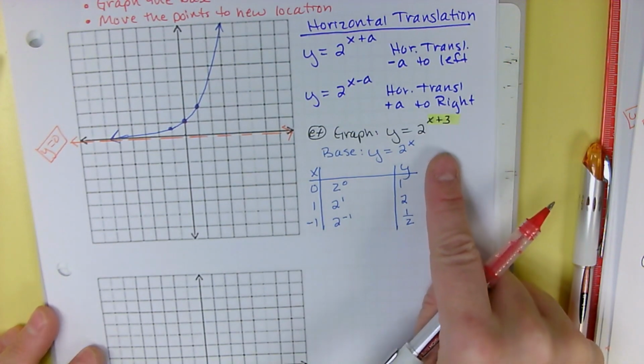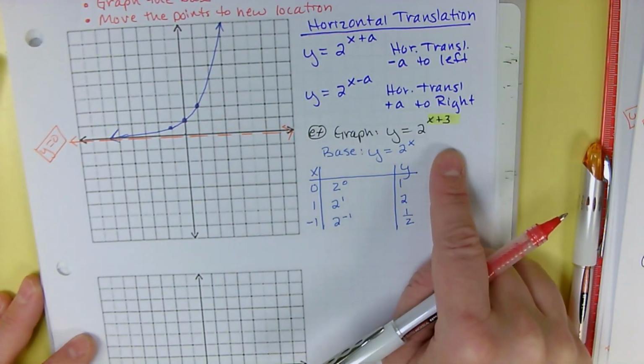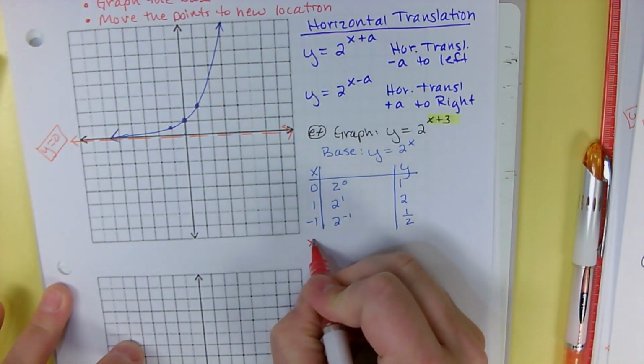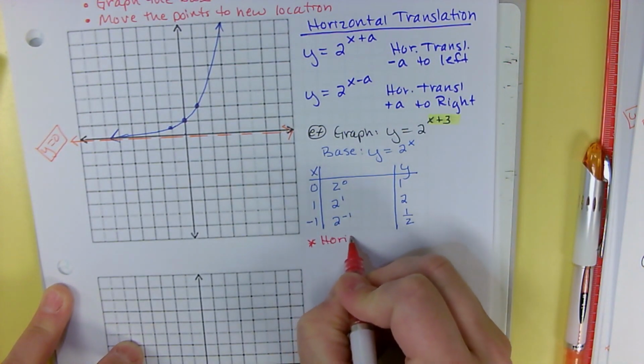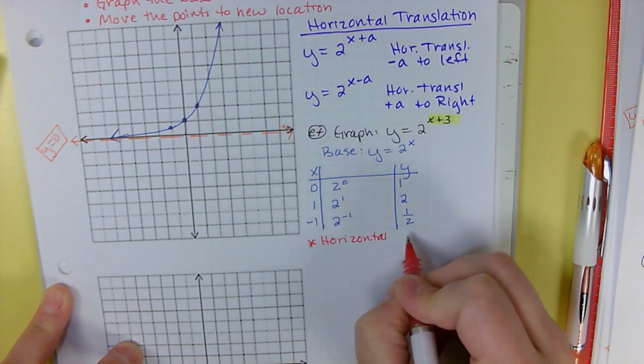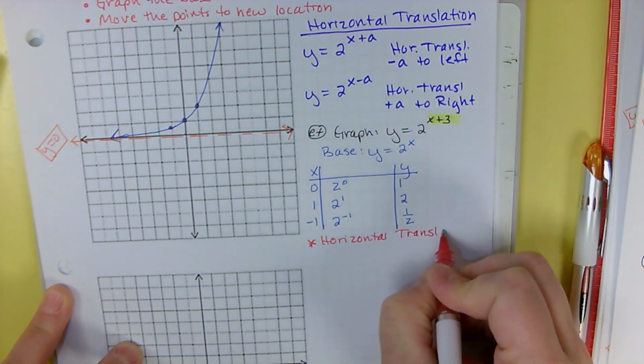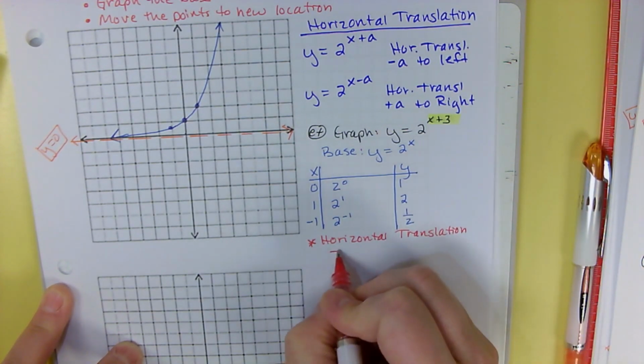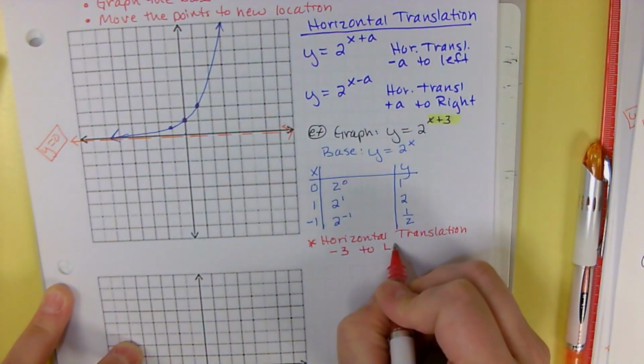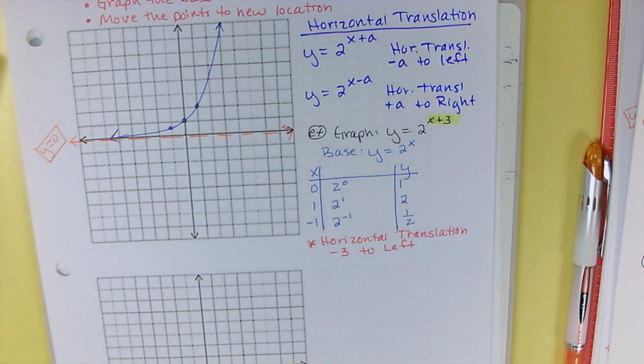Okay, so looking at our equation, it's an x plus 3, which means it is a horizontal translation minus 3 to the left. The sign is opposite. If it's negative, you go to the left.